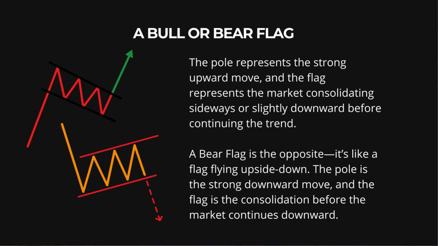A bear flag is the opposite. It's like a flag flying upside down. The pole is the strong downward move, and the flag is the consolidation before the market continues downwards. Remember, the pole sets the direction, the flag shows the pause.